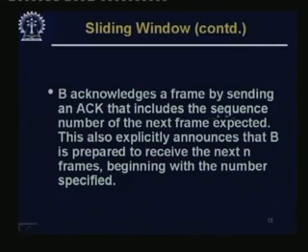This also explicitly announces that B is prepared to receive the next n frames, beginning with the number specified. Suppose n was 10. When B, the receiver, gets frame number 53, the next frame it is expecting is really 54.